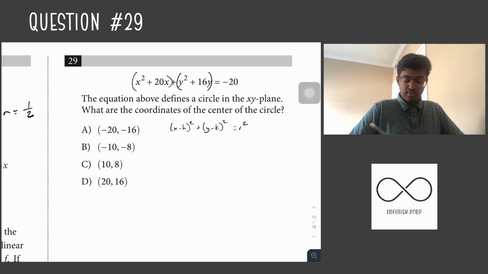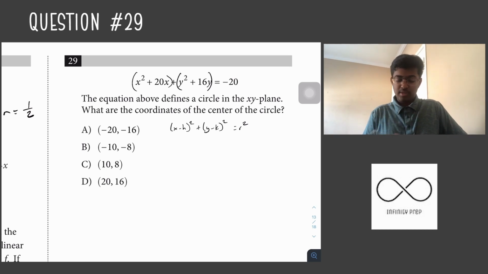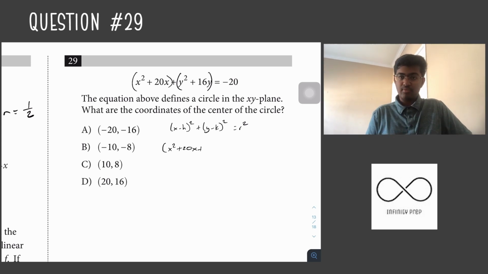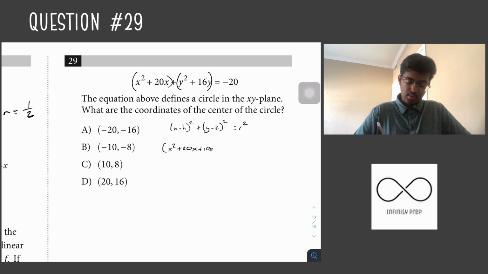So there's two parts right here, x squared plus 20x and y squared plus 16y. We have to complete the square for both of these in order to get the equation in the form x minus h squared plus y minus k squared equals r squared. So to complete the square, we have to do x squared plus 20x, and then the third value is 20 divided by 2 squared. 20 divided by 2 is 10, squared is 100, plus y squared plus 16y.